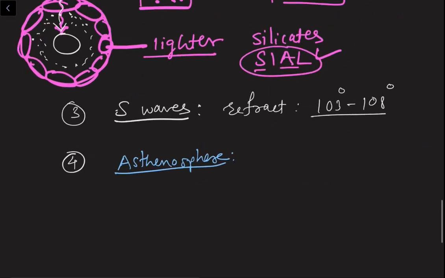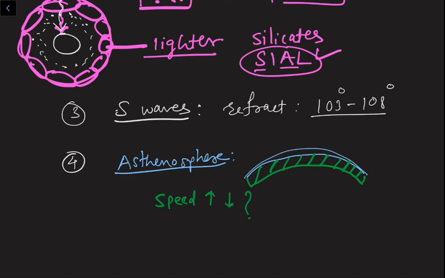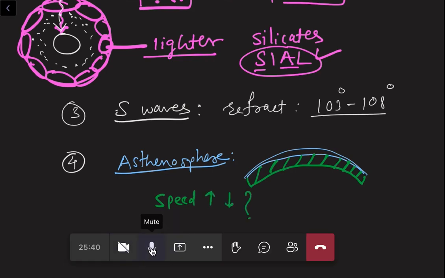Tell me, whenever these waves pass through the asthenosphere, which is just after your crust, so this is the crust, and after the crust we have a layer called the asthenosphere, will their speed increase or decrease? Decrease. Yes, their speed will decrease.